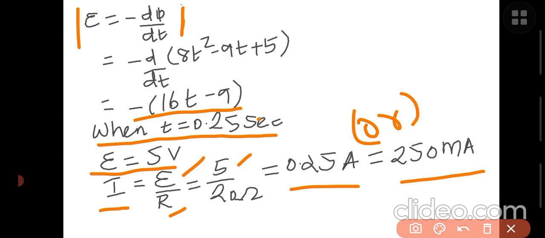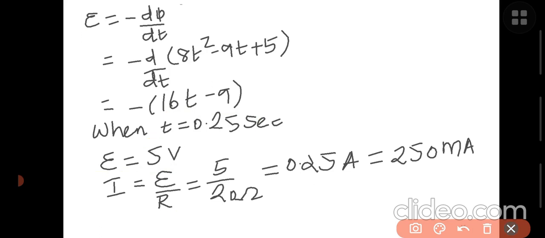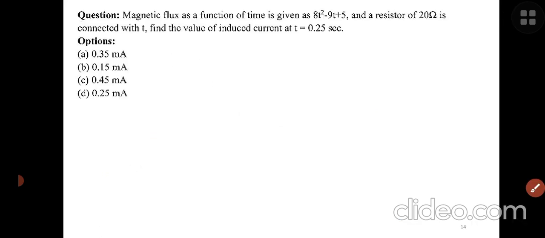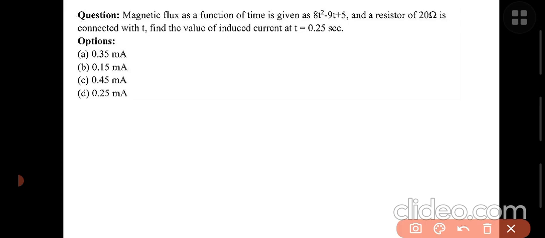But if you go through the options, none of them match. We don't get 0.25 amps or 250 milliamps. They are all different. I think there is a typographical mistake here.